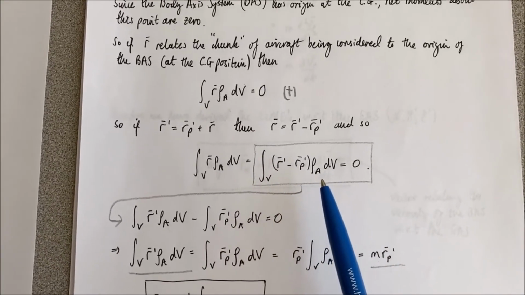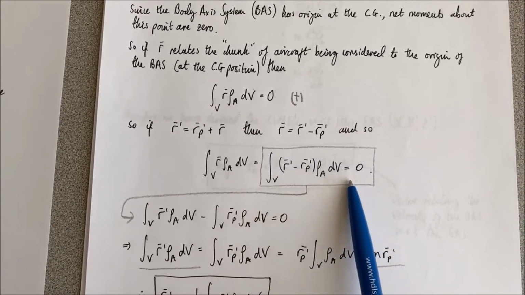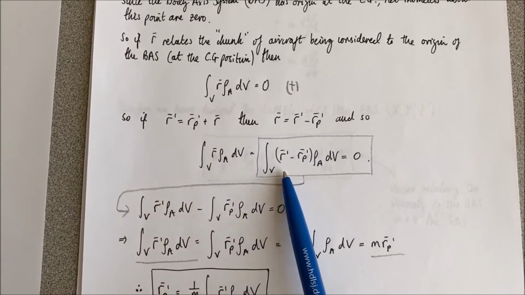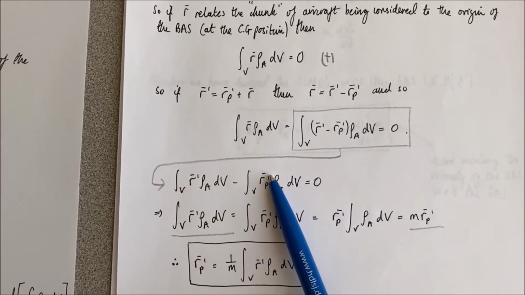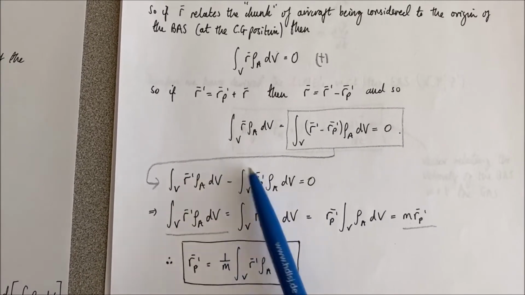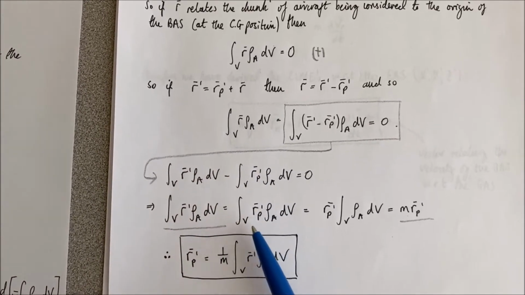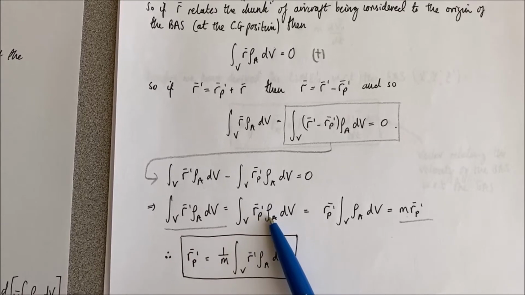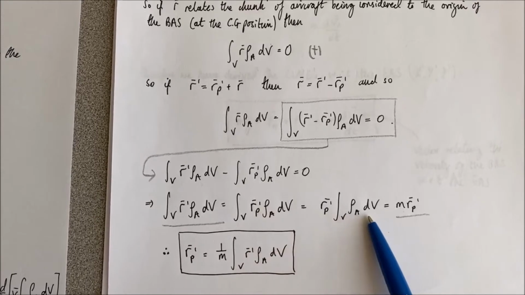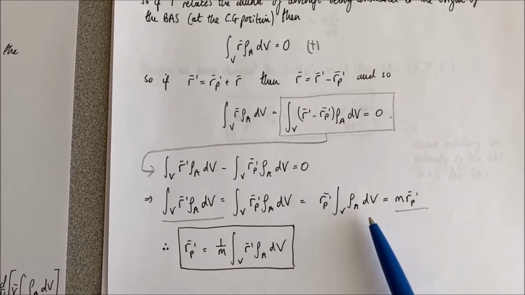Right, so the next step is we can take this part here, which we're equating to 0 because of this fact here, and split that integral up into two pieces. Because the difference between these two integrals is 0, we can equate them to each other, and then rewrite the right-hand side by taking r bar p dash out of the integral to leave this, and this is what we're calling mass, right?